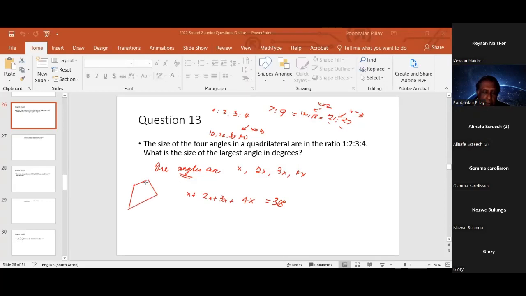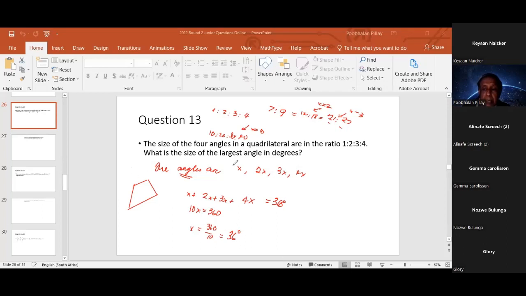So the 4 angles are x, 2x, 3x, and 4x. And so you got an equation. The moment you got an equation, then you can solve for your unknown. In this case, you got 10x equal to 360. So therefore, x will have to be 360 divided by 10. And that is 36 degrees.